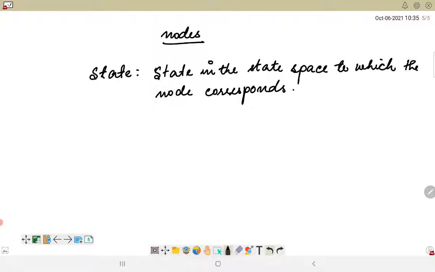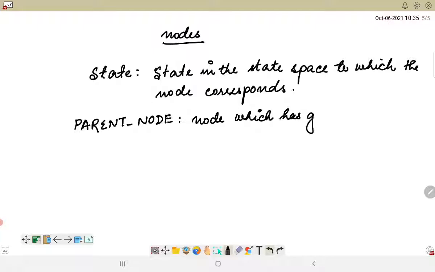Now the second one we have is the parent node. As the name already suggests, it is basically the node which has generated the current node. So this is the parent of a current node, from where that particular node has been expanded.